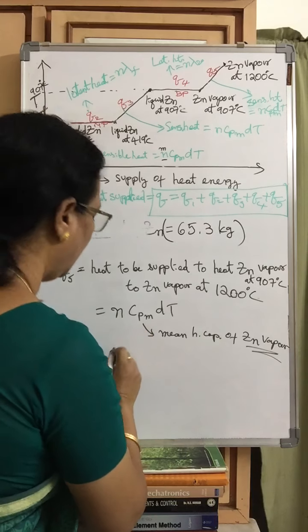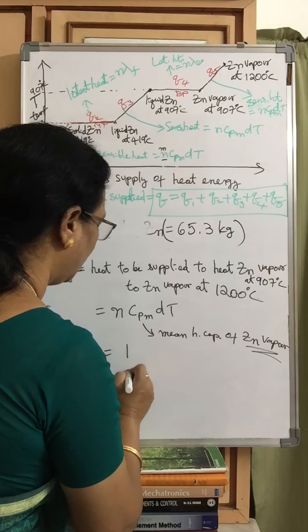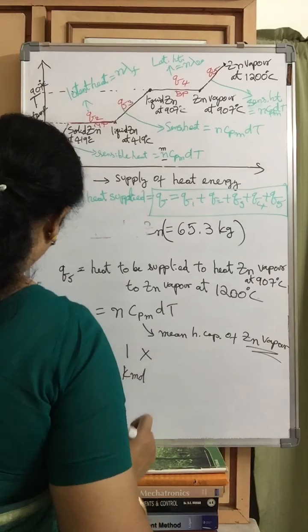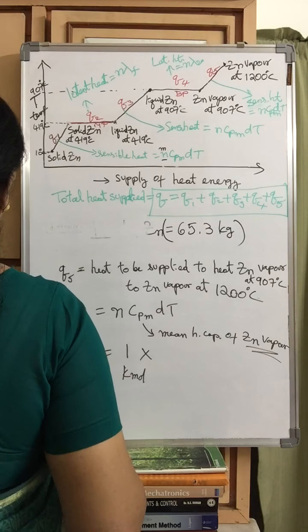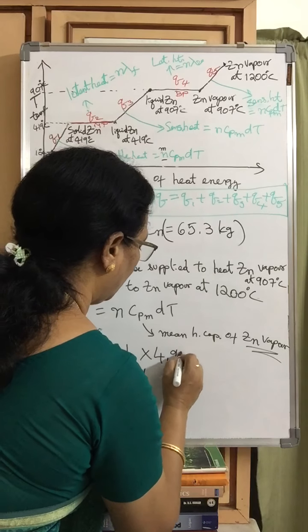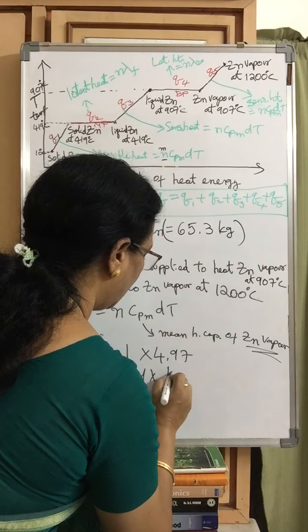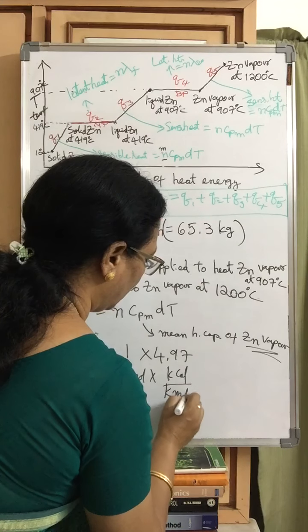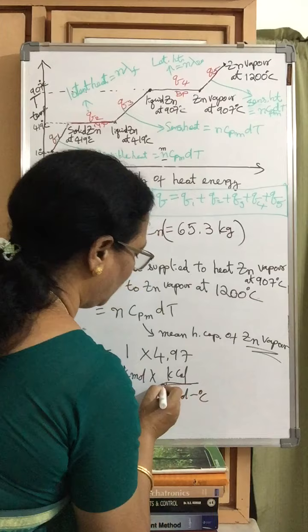So this is 1 kilomole into the CPM value for zinc vapor, 4.987 kilocalories per kilomole degree centigrade.